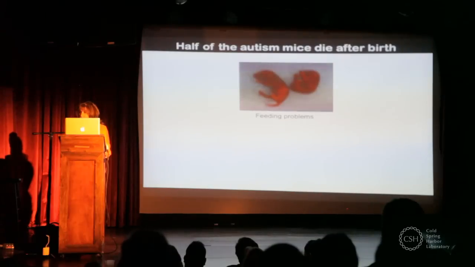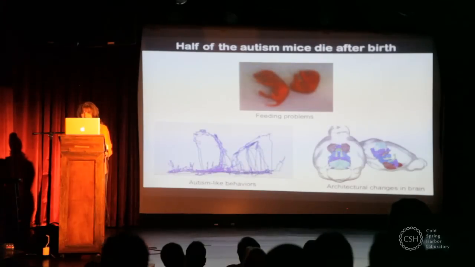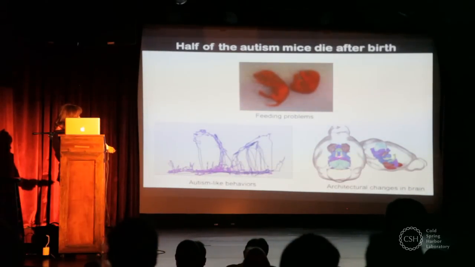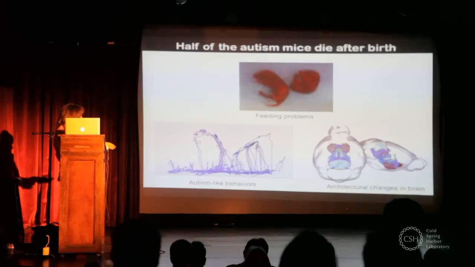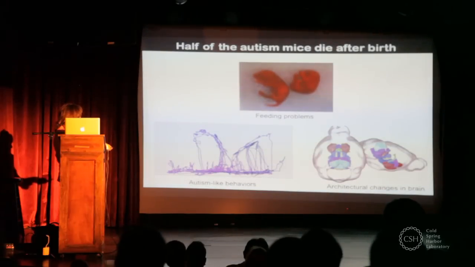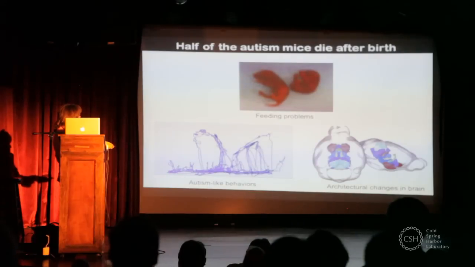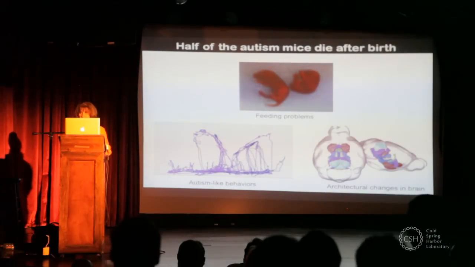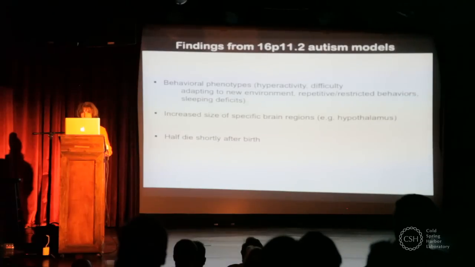The reason this is important is because feeding problems have been associated with the hypothalamus, and we have pinpointed the hypothalamus as being one region, this blue region that's increased in size in those mice, these architectural changes. So we think these changes in the brain might be affecting feeding behavior, as well as these autism-like behaviors of hyperactivity, for example, and repetitive behaviors. So we're looking at this more.